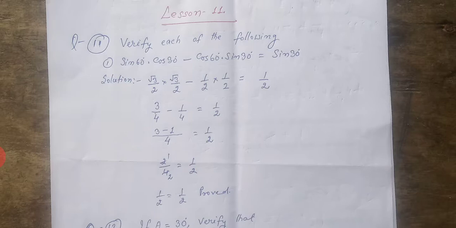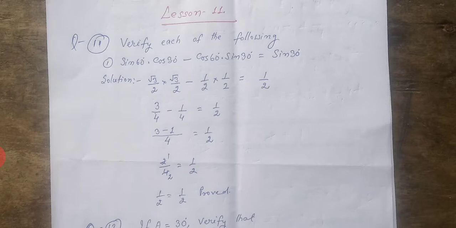Doing the subtraction of fractions, 3 minus 1 is equal to 2 by 4 is equal to 1 by 2, same as written before.